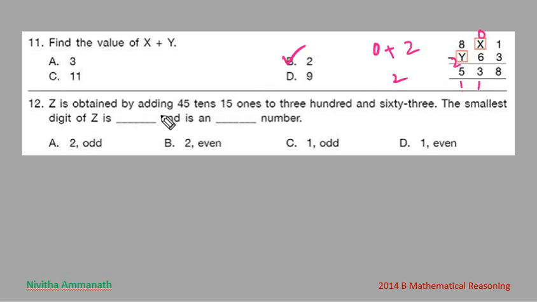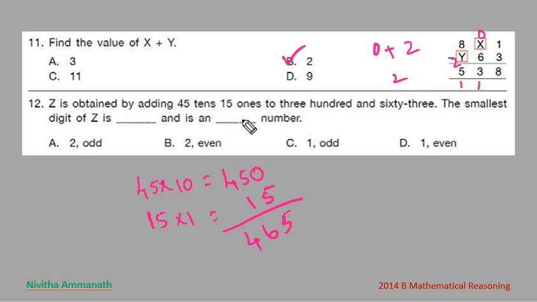Next one, Z is obtained by adding 45 tens, 15 ones to 363. The smallest digit of Z is dash and is an dash number. Adding 45 tens. 45 tens means 45 into 10. That is 450. Then 15 ones means 15 into 1, that is 15. So adding 450 and 15, we get 465.